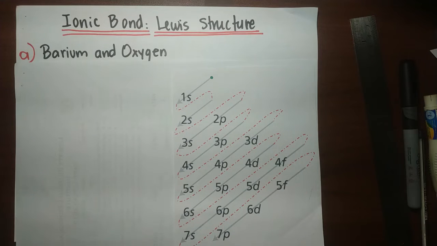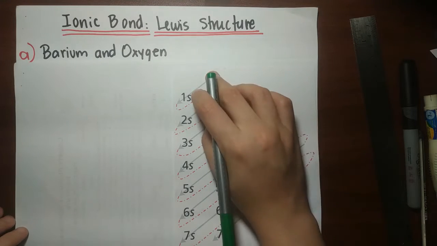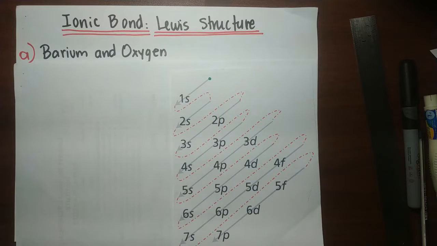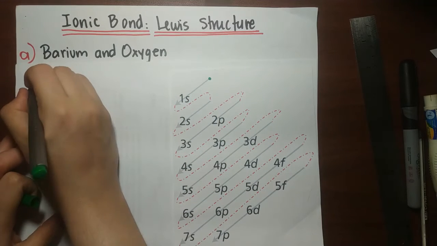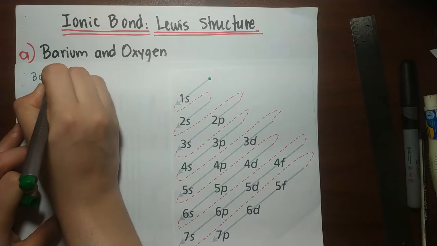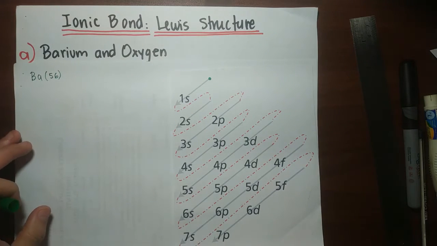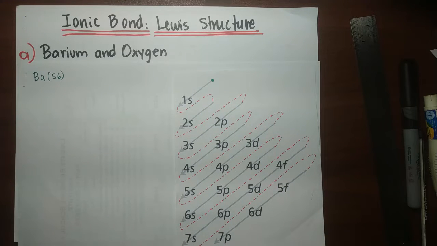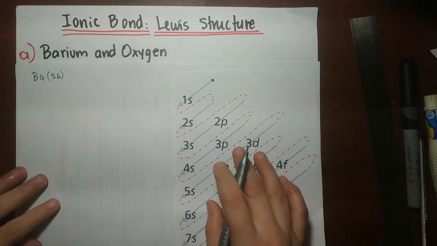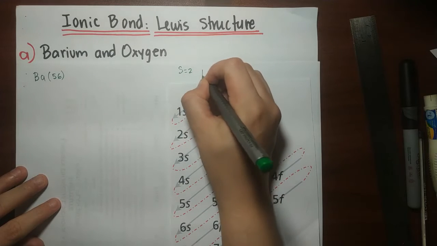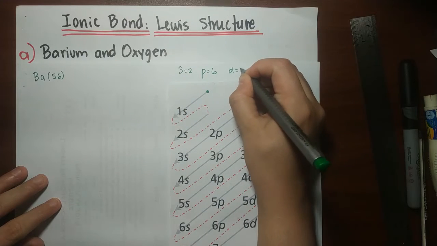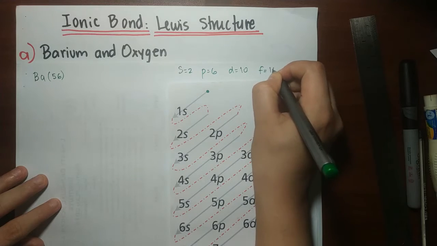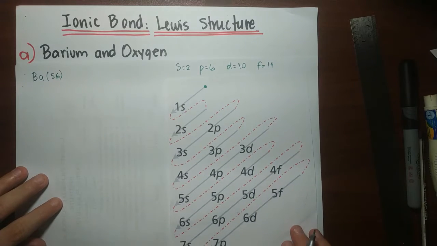That is a process that you already know, but in case you have forgotten, we always start from here until we reach barium, whose atomic number is 56. We need to follow all this pattern in order to get 56 electrons. Just recall that S is 2, P is 6, D means 10, and F holds up to 14 electrons.